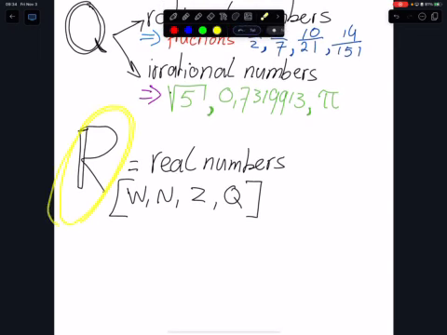This symbol is the symbol they use the most. Your answer is in R, meaning it could be a fraction, it could be a negative number, it could be a square root of a number, it could be anything.